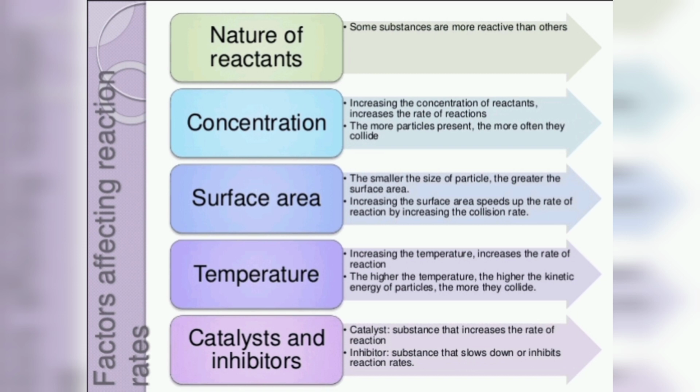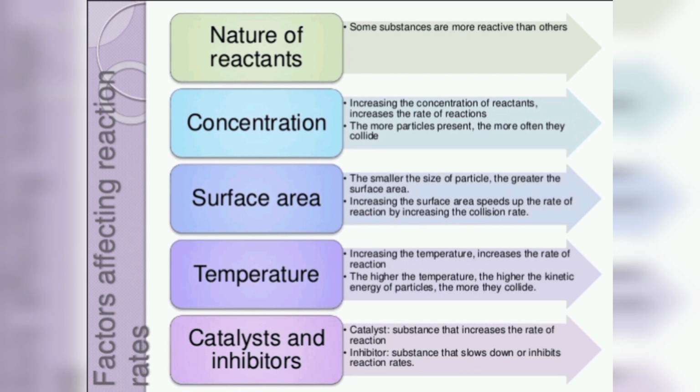The next is pressure. Pressure is a very important factor. If the reactants are gases, increasing their pressure increases the reaction rate. This is because on increasing the pressure, the reacting particles come closer and collide frequently.